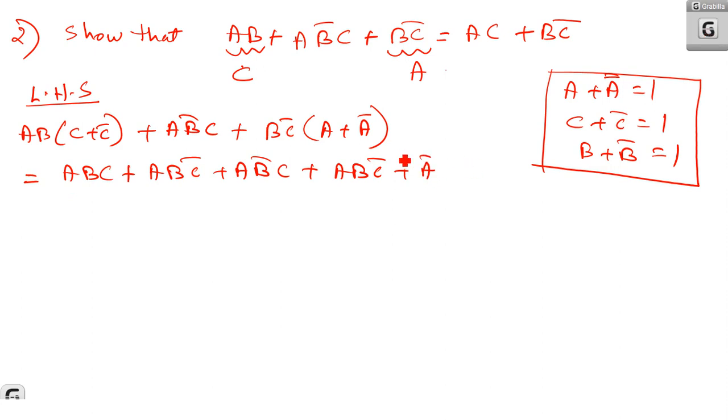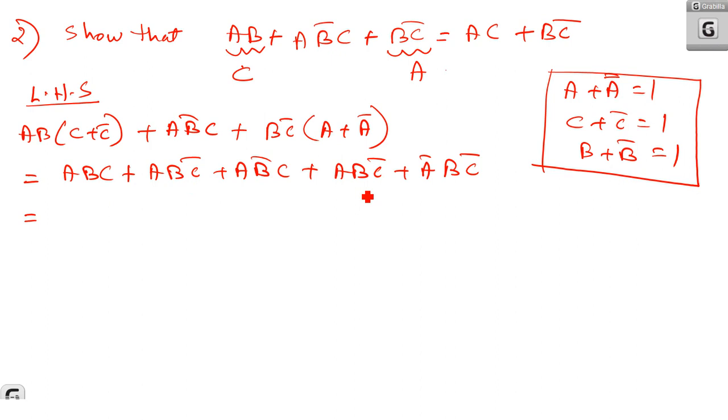Now how to simplify it? If you are taking A bar B, is there anything common? Nothing is common. Now for C bar, we have ABC bar or AB bar C bar or ABC bar or A bar BC bar. AB is there, AB bar is there.